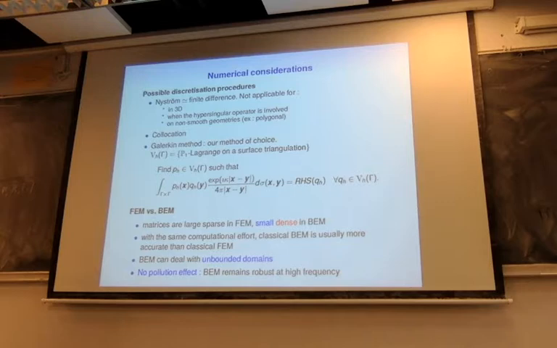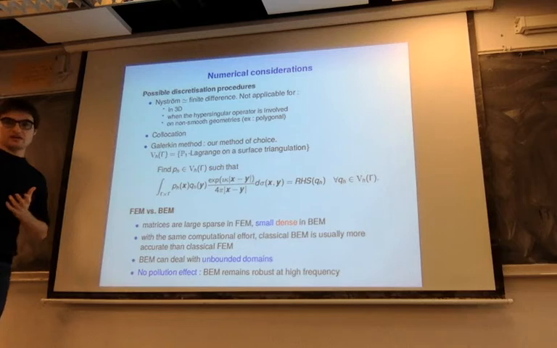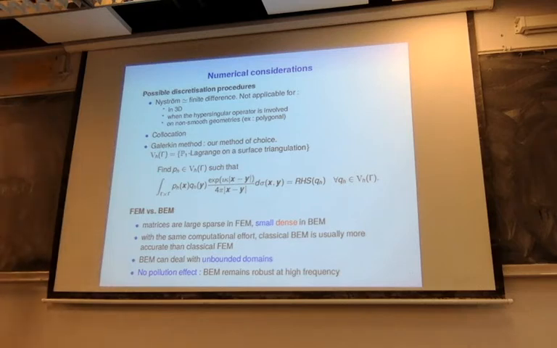And one very interesting aspect of them, in particular for wave propagation problems, is that they do not suffer from the pollution effect. So probably you know that when you deal with a wave propagation problem and you increase the frequency, you have to refine the mesh. With finite elements, you have to refine the mesh more strongly than the increase in the frequency.